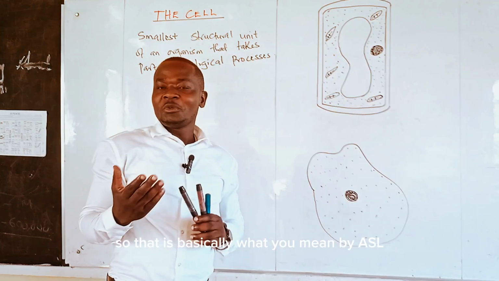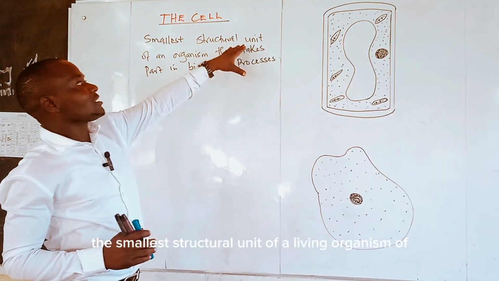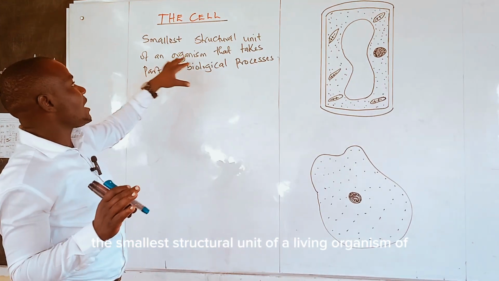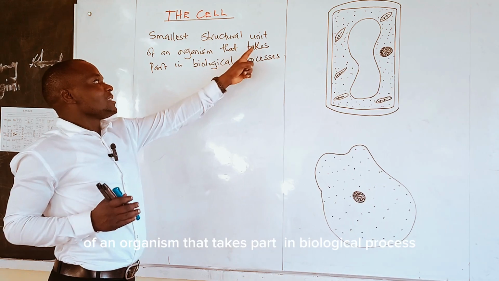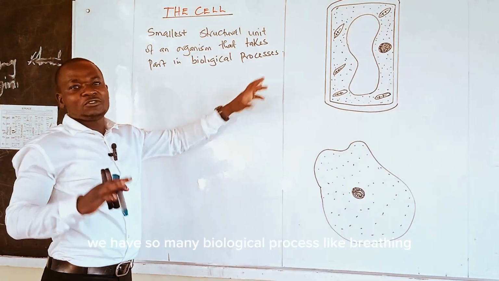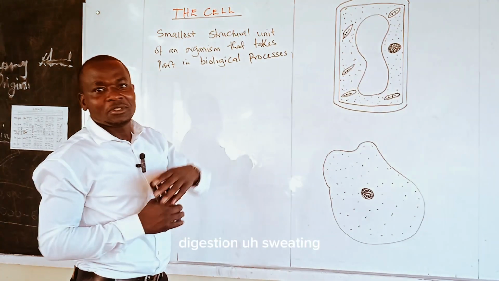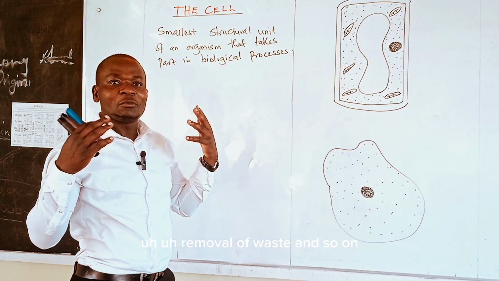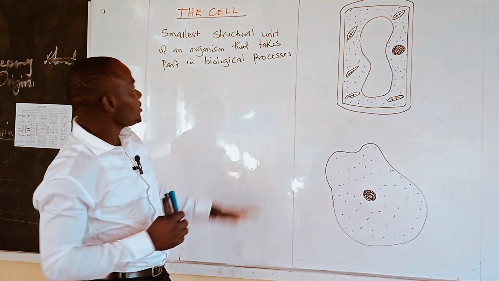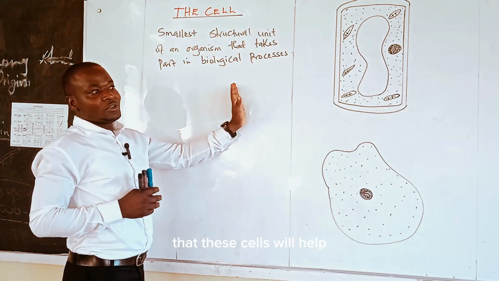A cell is just the smallest structural unit of an organism that takes part in biological processes. We have so many biological processes like breathing, digestion, sweating, removal of waste, and so on. Those are some of the biological processes that these cells help with.